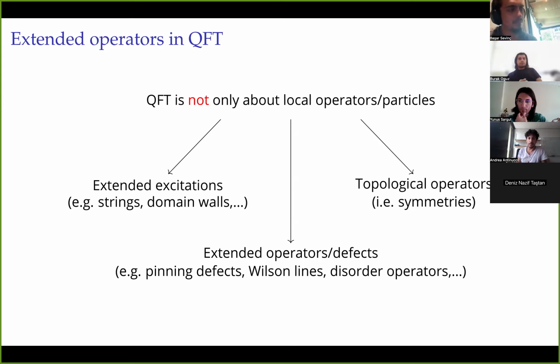On top of this, there is a special type of operators that are topological, meaning these are extended operators that, when you insert them in a correlation function and vary the support a bit, the correlation function doesn't change. These are called topological operators.